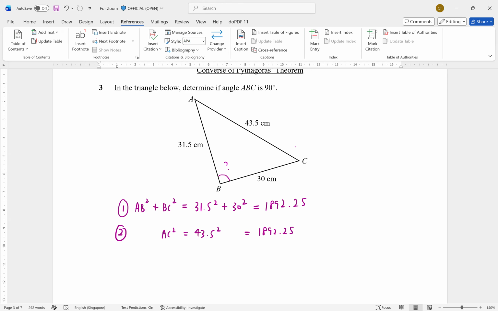If they are the same, then we can conclude that this triangle is a right angle triangle, and therefore angle ABC is 90 degrees. So we write the conclusion: since AB squared plus BC squared equals AC squared, triangle ABC is a right angle triangle.